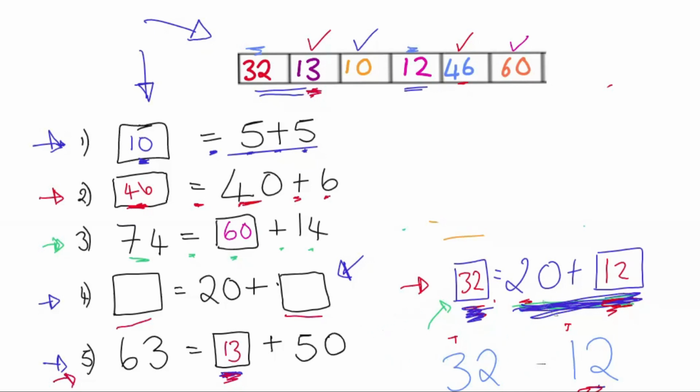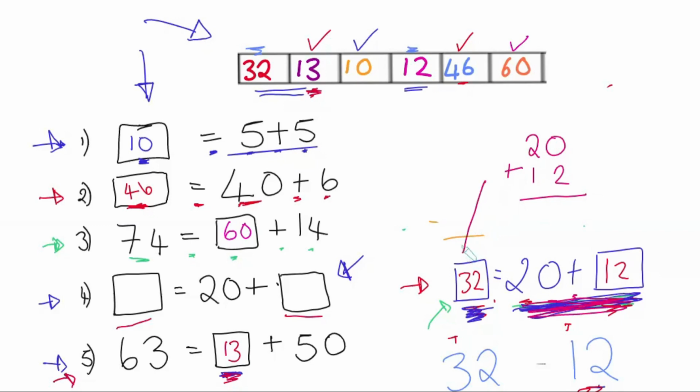Which two numbers are our two parts? Here are our two parts, which have a plus sign in between them. So we need to work out 20 plus 12. What should the answer be?